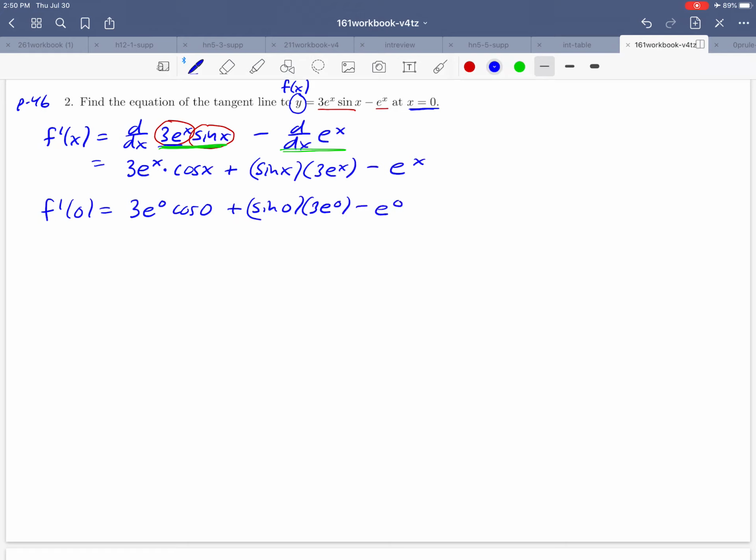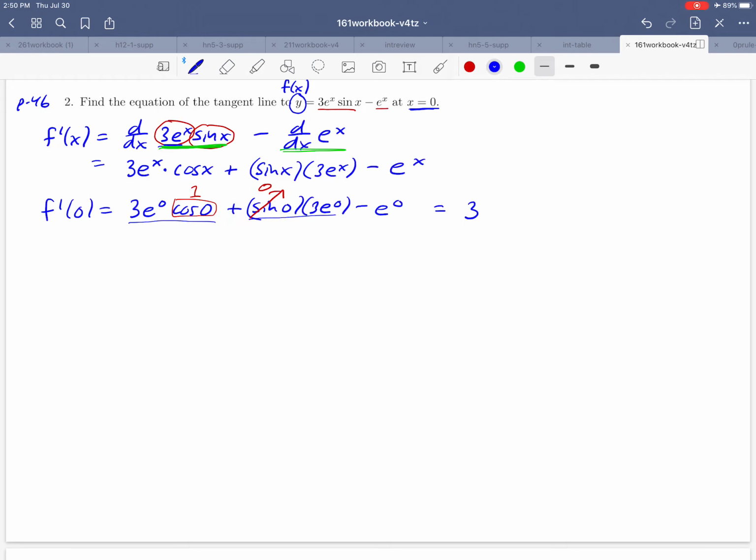Some of you might remember what the value of sine of 0 and cosine of 0 are. If not, you can go to your calculator. It turns out that sine of 0 is equal to 0, so that term goes away, and cosine of 0 is equal to 1. So for this first part, we're going to get 3 times 1 times 1, which is 3.